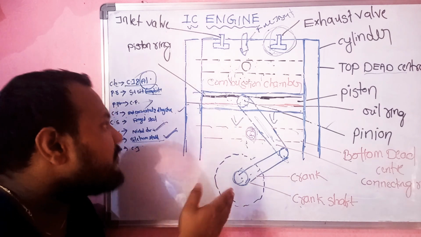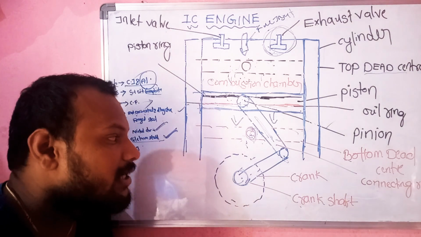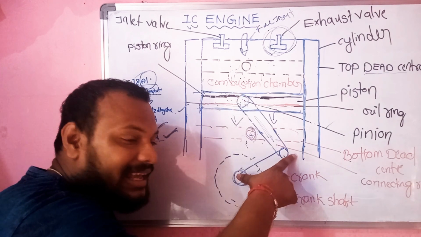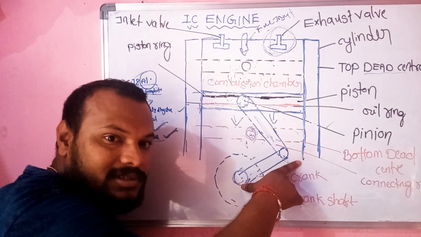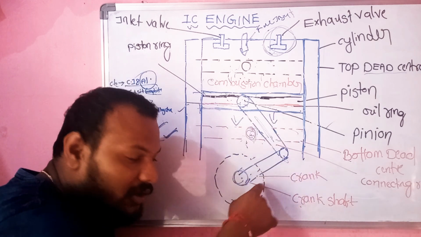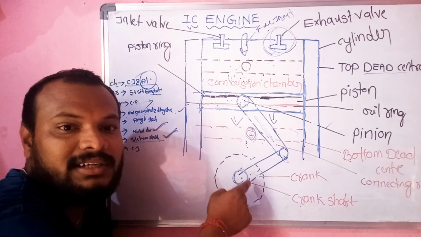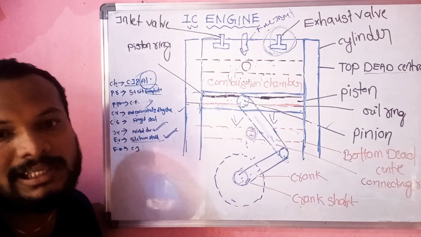Whenever it moves upward, there is elongation, which means tensile force occurs. Whenever it moves to the downward position, compressive load occurs. That's why we use a very strong material, forged steel.